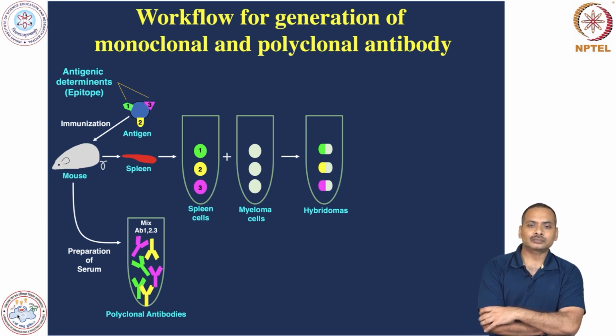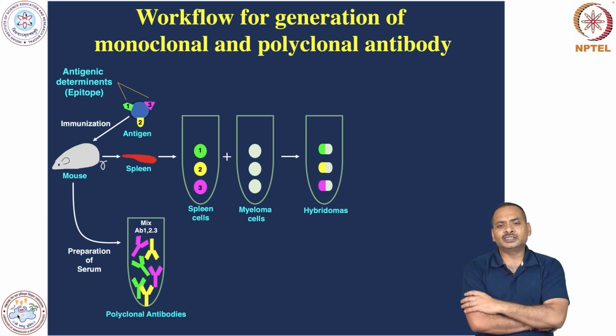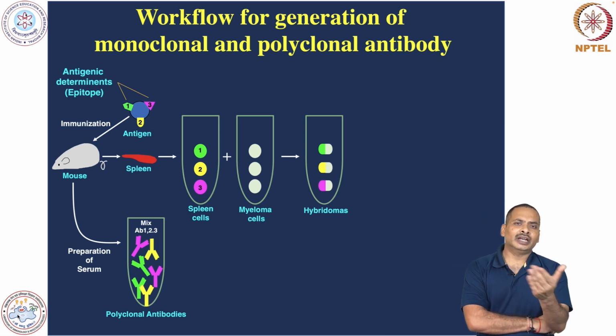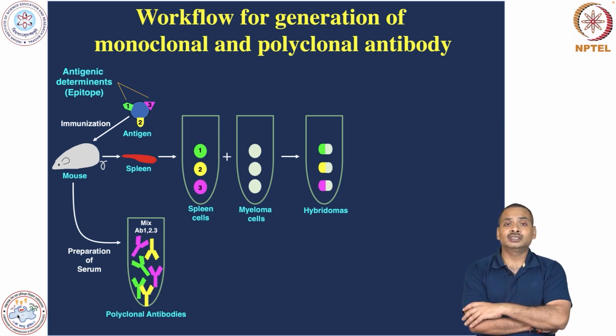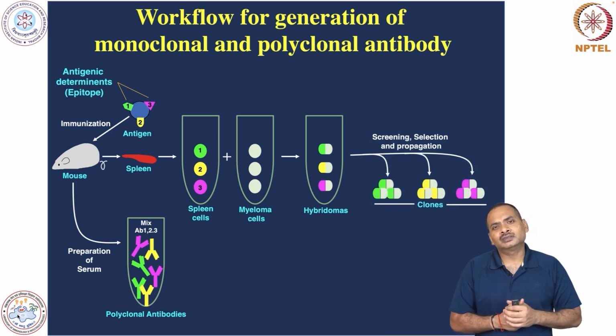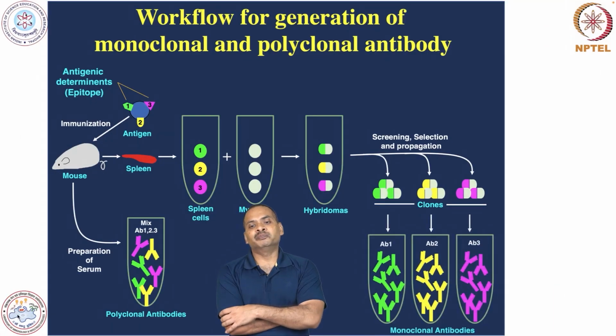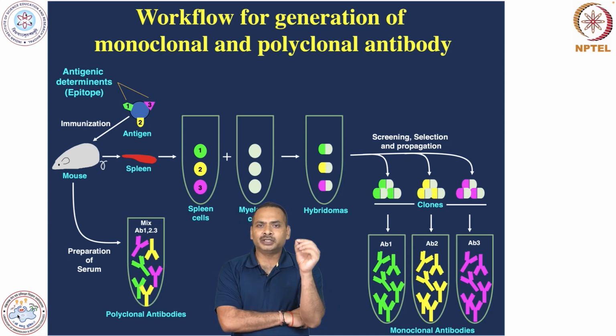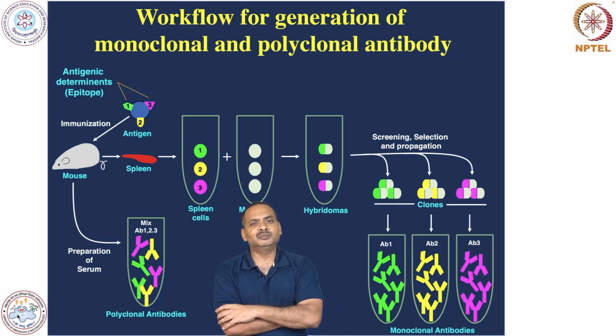Once you have these immortal cells which can produce your antibody of interest, you can expand those particular cells and make one kind of antibody. Try to understand, from polyclonal antibody, isolating one particular kind of antibody is extremely challenging.